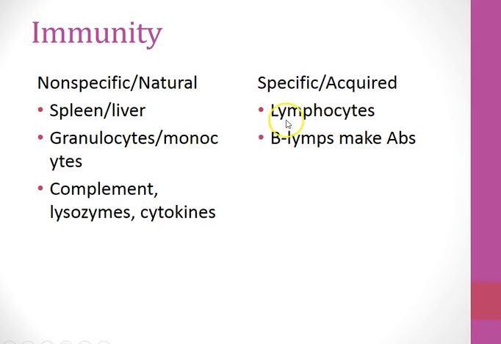Now there's two different kinds of lymphocytes, the B lymphs and the T lymphs. The B lymphs are the ones that make the antibodies.